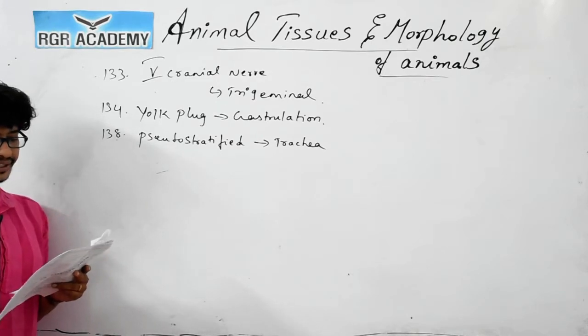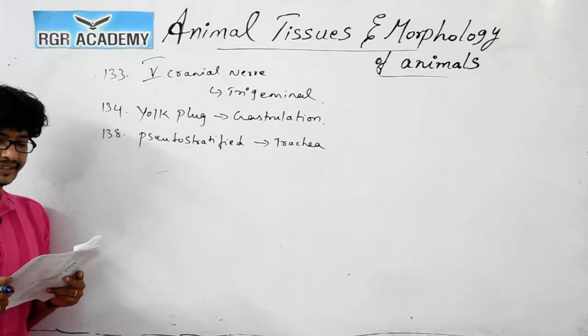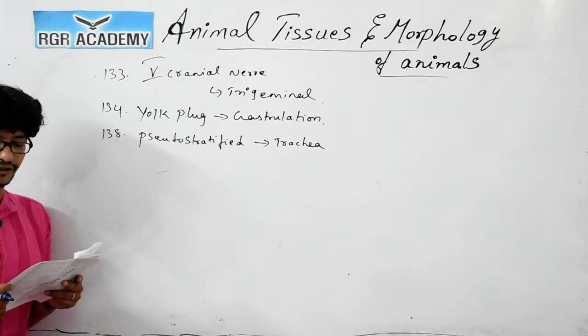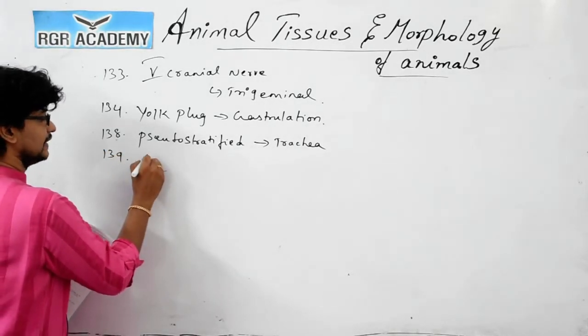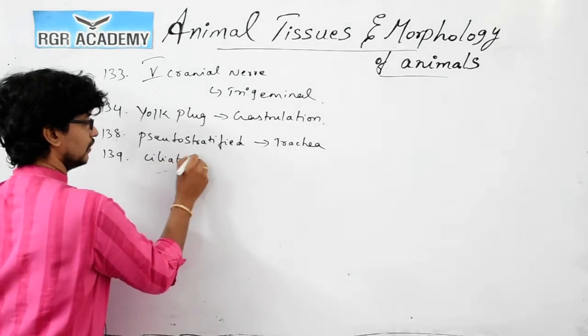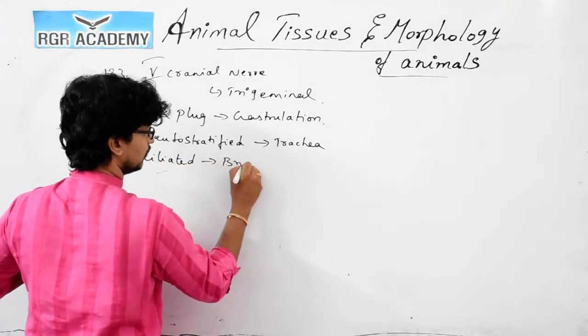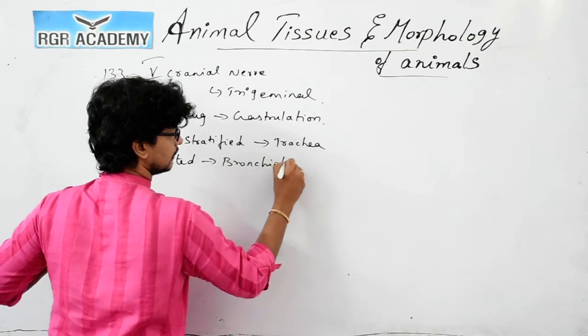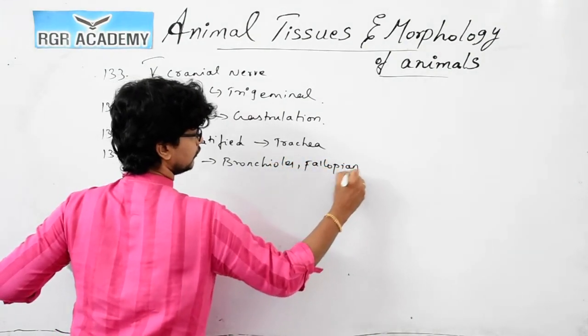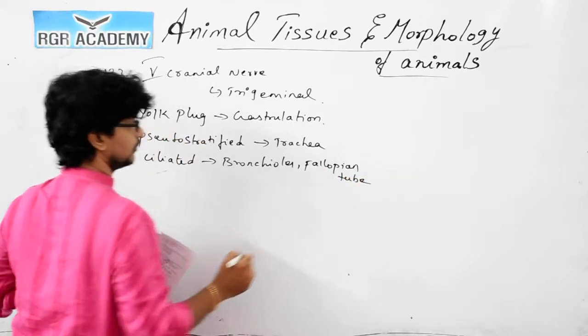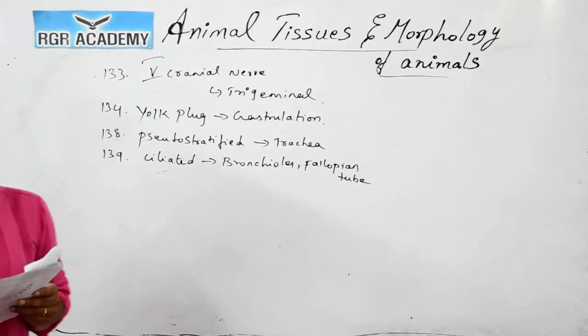Okay, 138 we are done. 139, inner surfaces of bronchi, bronchioles and fallopian tube are lined. This we already discussed. Ciliated is for the bronchioles and the fallopian tube. These are the examples. Okay, 4 is the correct answer.